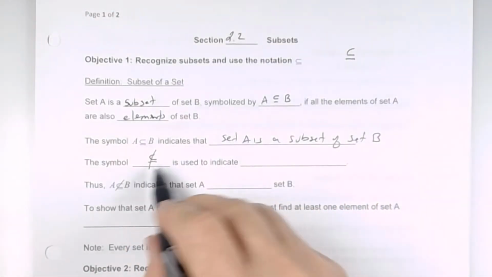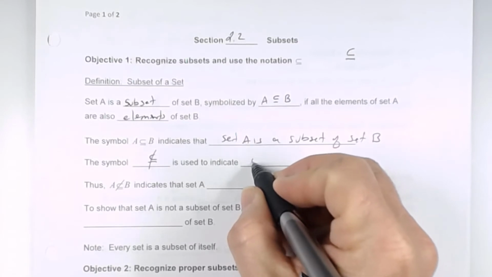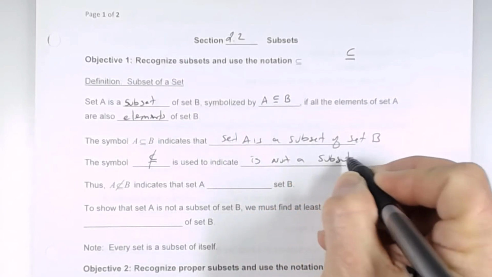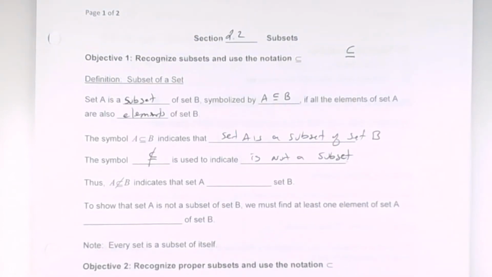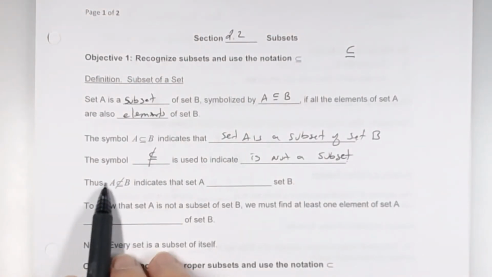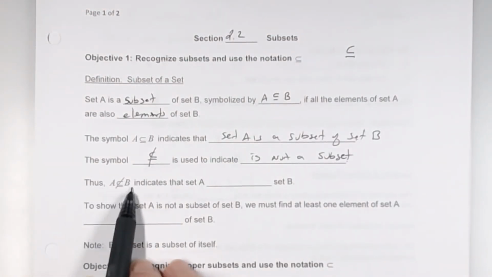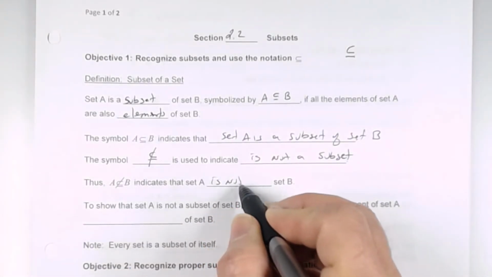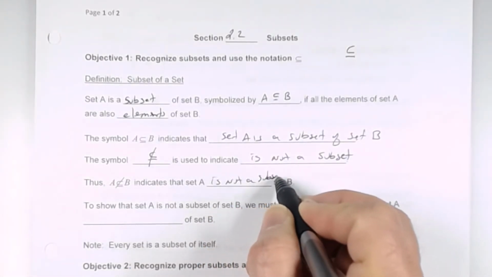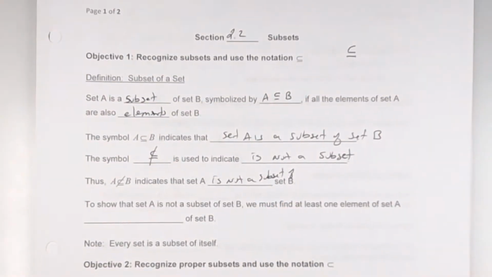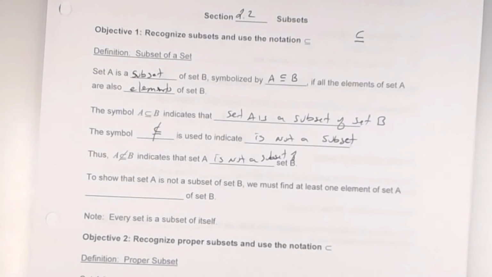So that symbol is used to indicate is not a subset. Right here, where I have A and B, this means that set A is not a subset of set B.